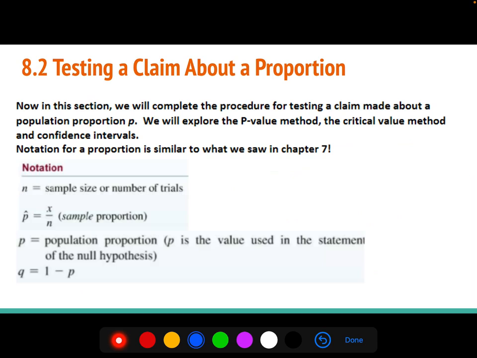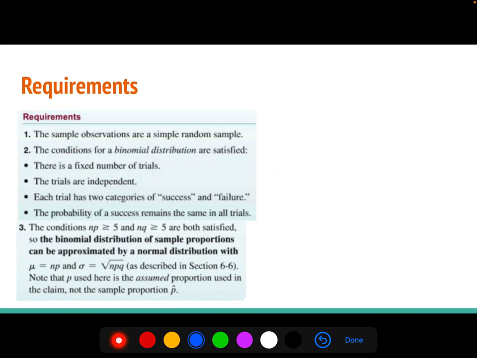As far as notation, we've got n for the sample size, p hat is x over n for the sample proportion, P is the population proportion, and Q is 1 minus P. There are still requirements. It has to be a random sample.